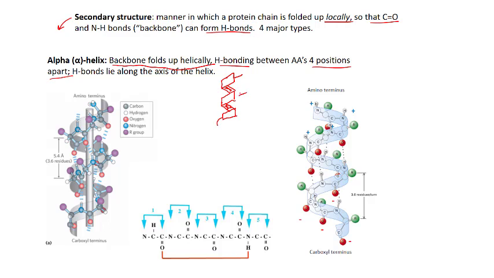So once again, the ribbon represents the backbone or the main chain. The flatness of the ribbon is supposed to represent the flatness of the peptide bond, because remember the peptide bond is planar and therefore it tends to be rather flat. So the peptide bond lies in the plane of the ribbon.